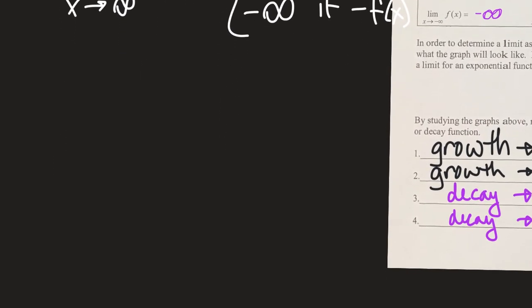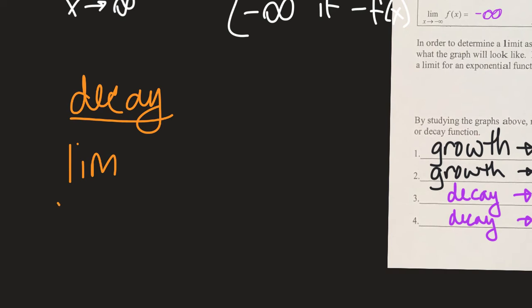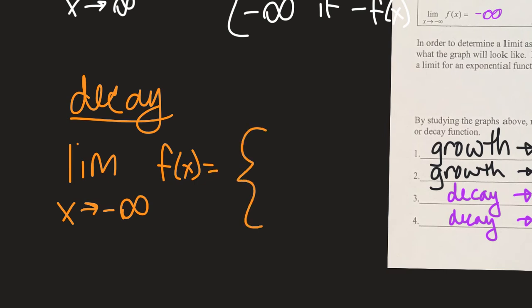Okay, and similarly for a decay function. As you go towards negative infinity for a decay function, this is where you have your 2 options. It's infinity if f of x is positive, and it's negative infinity if you have a negative exponential function.